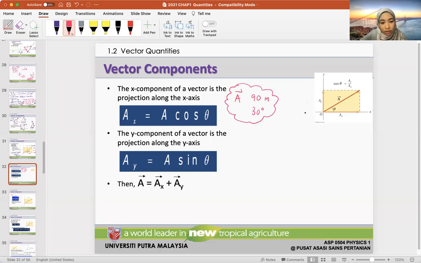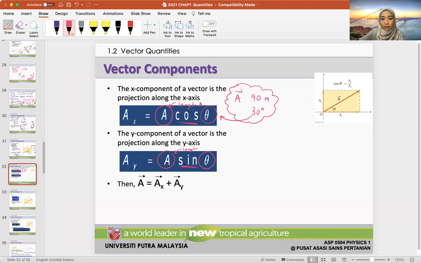This is where you put in your length A, and just put in the angle of your vector. The difference between AX and AY is that one is a cosine, one is a sine.